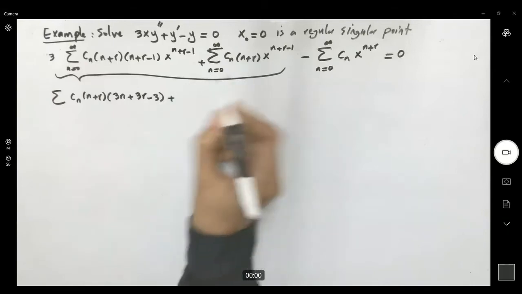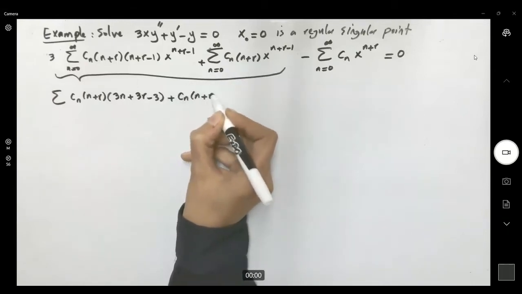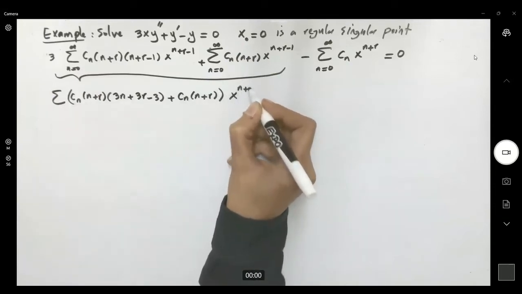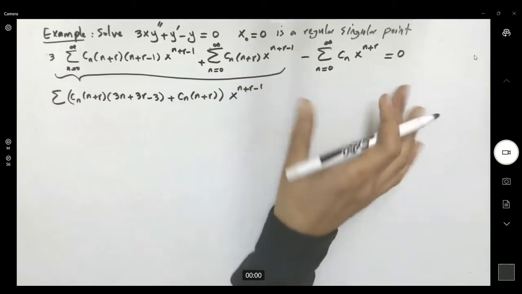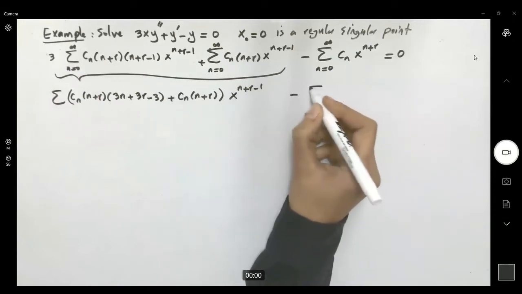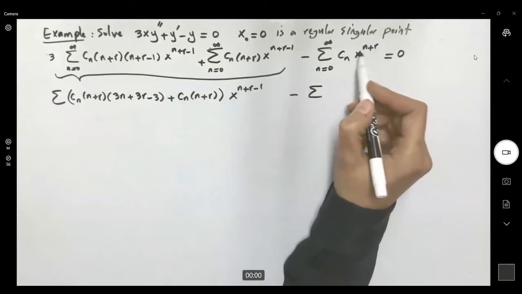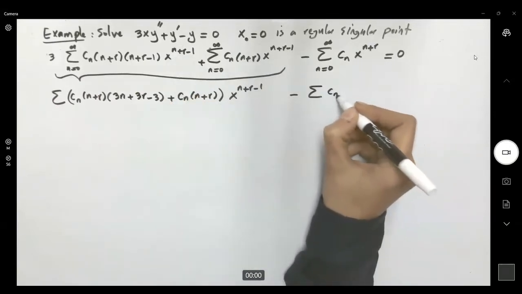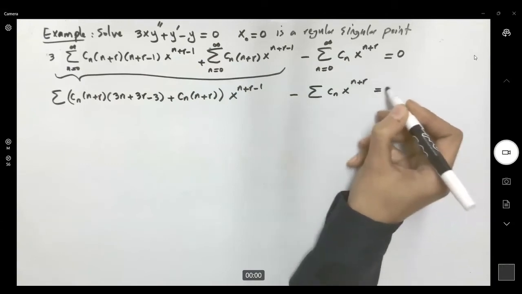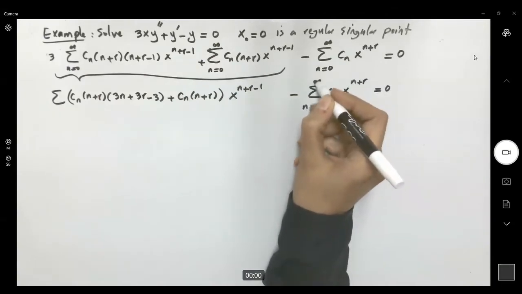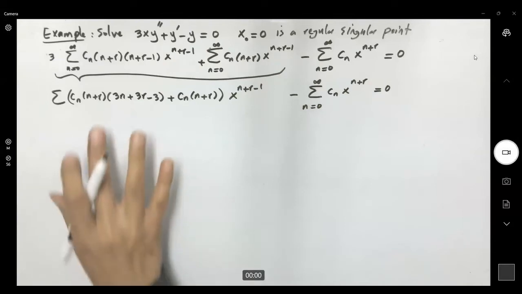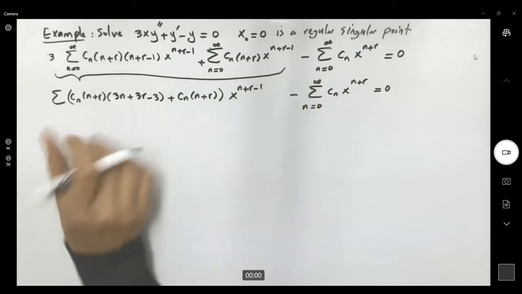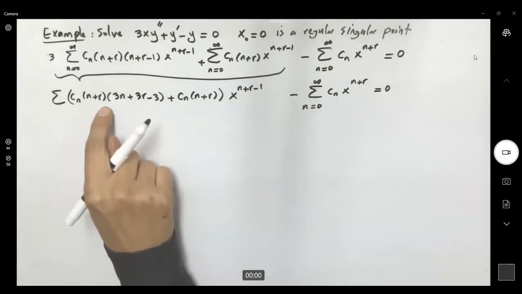Plus Cn (n plus r), and they both have x to power n plus r minus 1. I'm going to copy down this series here. Why is that? Because the exponent for x is different from the exponent for x here and here. Cn x to n plus r equal to 0 and start from 0 to infinity. Now I'm going to combine these two by factoring out Cn (n plus r).